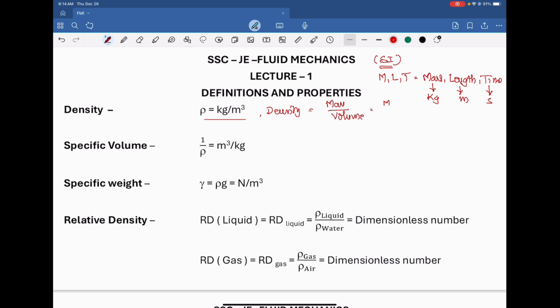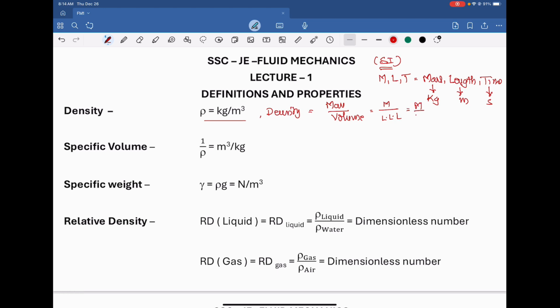Mass is M. Volume is L into L into L, L cube. So M by L cube. This will be M to the power of 1, L to the power of minus 3, T to the power of 0, from the regular dimensions which you have learnt in your elementary physics. Then density is M L to the power of minus 3 T to the power of 0. What is M in SI units? kg.